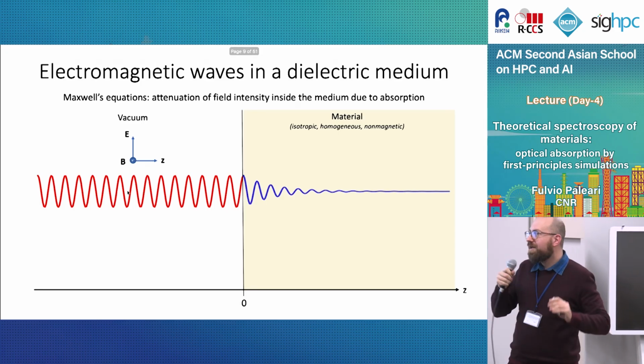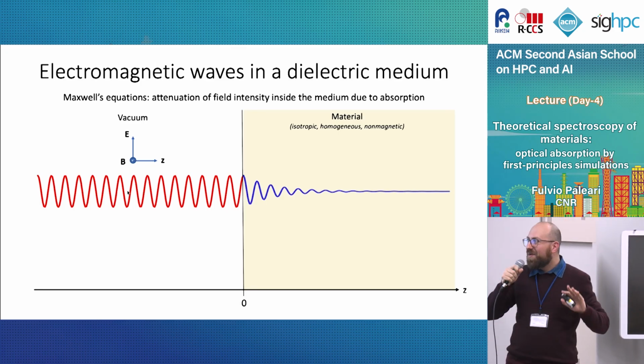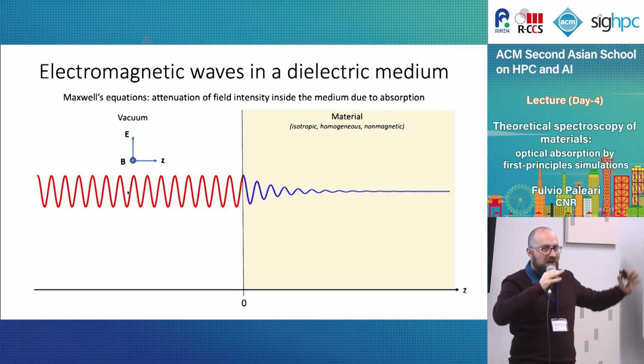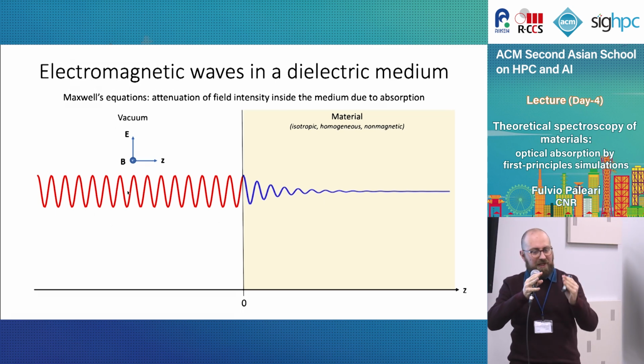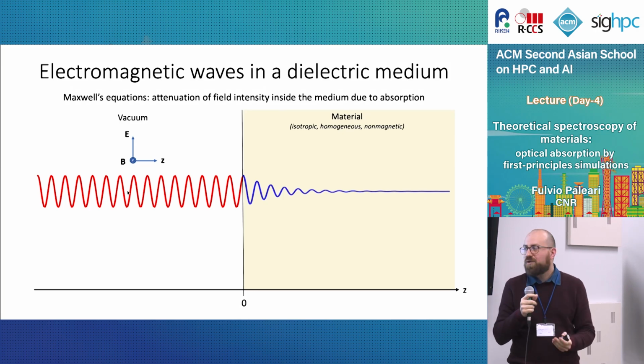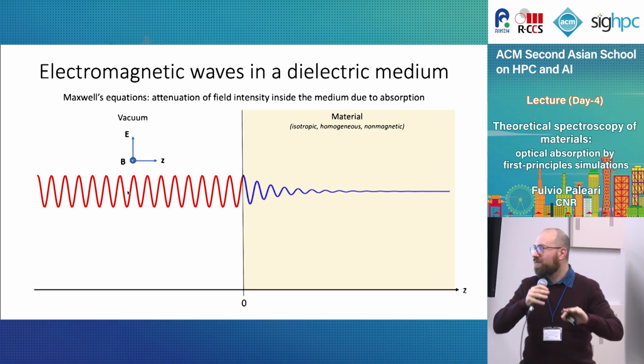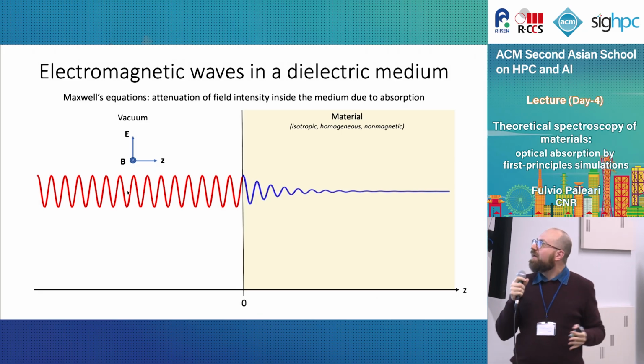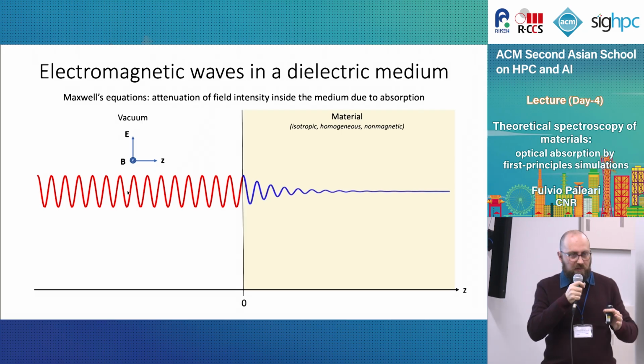Okay, so how can we do this? We have to pass from the macroscopic picture, a piece of matter and electromagnetic waves that enter it, to the microscopic picture. Of course, we will do this in a very hand-wavy way, but I hope to give at least the idea of how we do this.